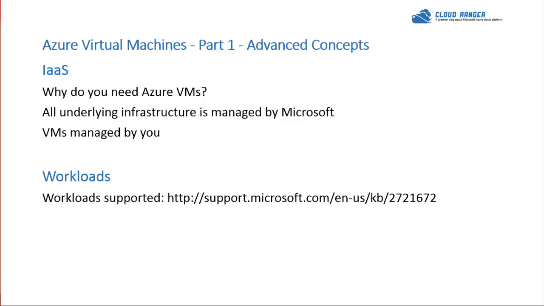So why do you need Azure Virtual Machines? If everything was going to be taken care of by platform as a service and software as a service, then why do we even need virtual machines? Well, for infrastructure, virtual machine happens to be one of the primary constructs where it's all about what you are capable of doing in the cloud, and how much control you have in the cloud.